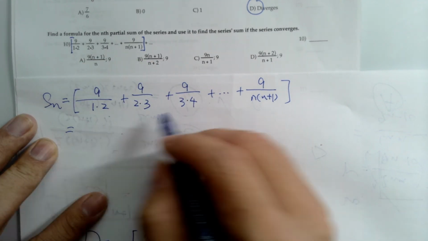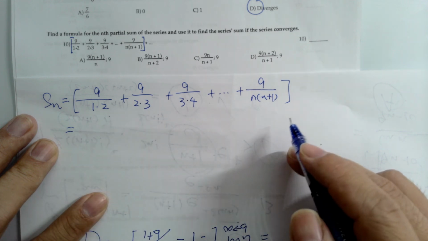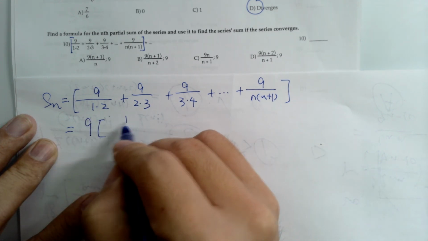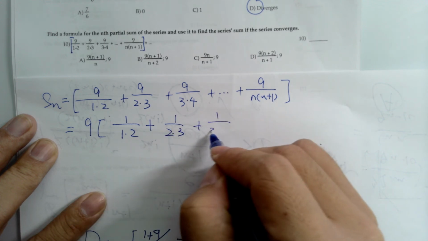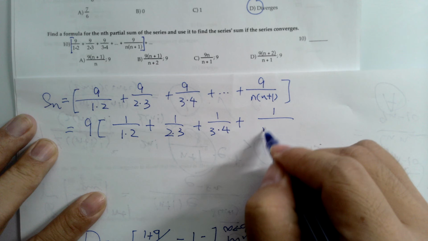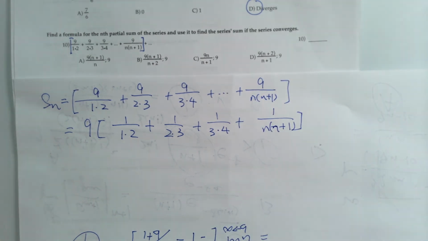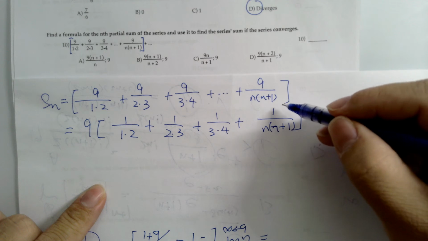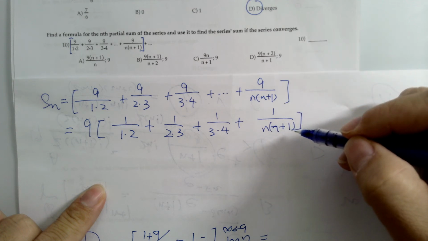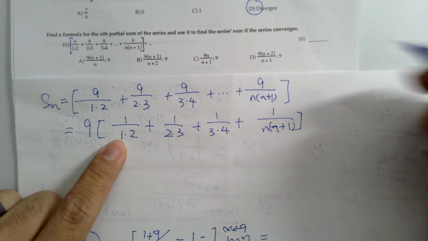First of all, do you realize that in each term 9 is a common factor, so we can factor them out? Okay, so that's the first step. Second is observing that I'm going to have this 1 over n times n plus 1, with n starting from 1 to n here.